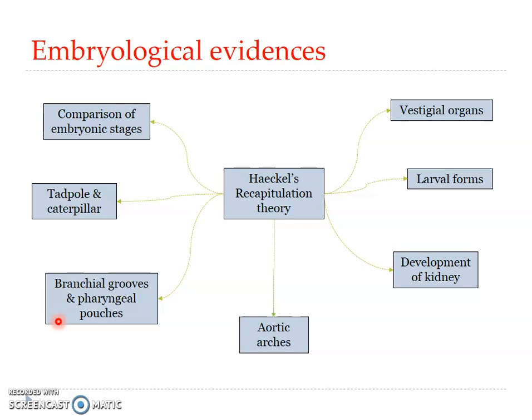Corresponding to these pharyngeal pouches, certain grooves develop on the surface of the pharynx, and they are known as branchial grooves. The branchial grooves on the outside finally meet the corresponding pharyngeal pouches from inside, and a perforation then develops, converting the groove into a gill slit, opening directly from the pharynx to the exterior of the body.